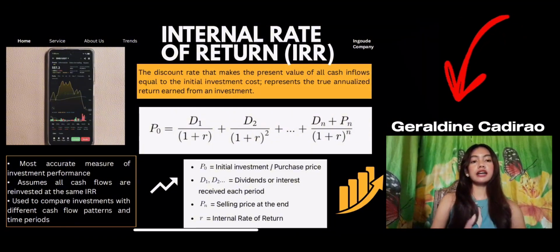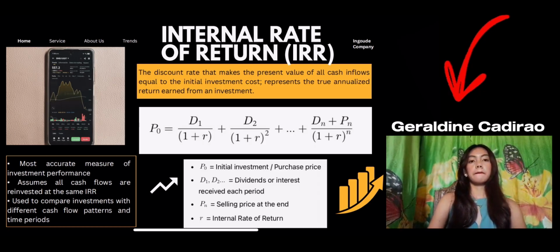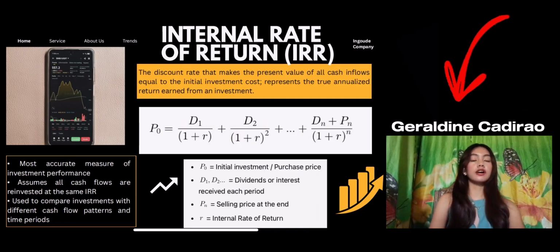So let's define each part of the formula. P0 is the initial investment or purchase price, the amount you pay upfront to buy the investment. D1, D2, and so on are dividends and interest, the regular money received from the investment each period, or yearly dividends or bond interest.